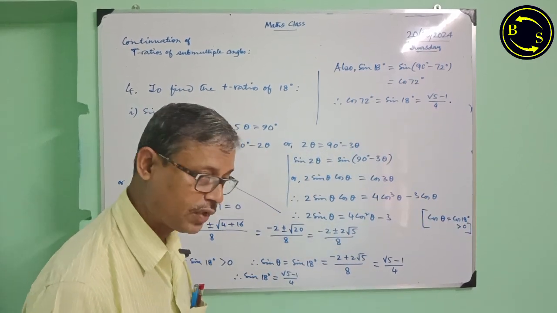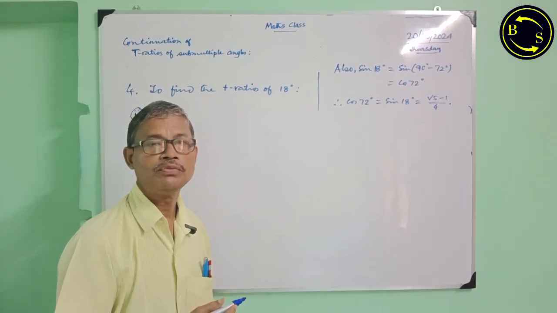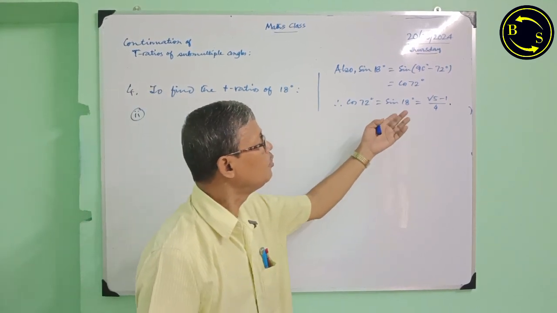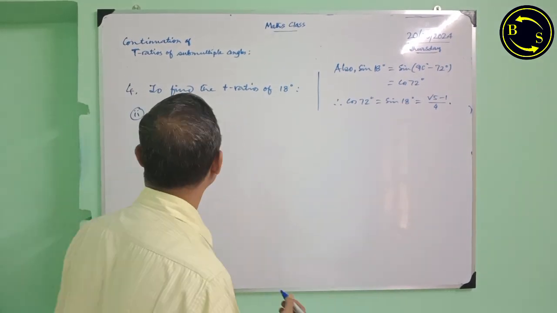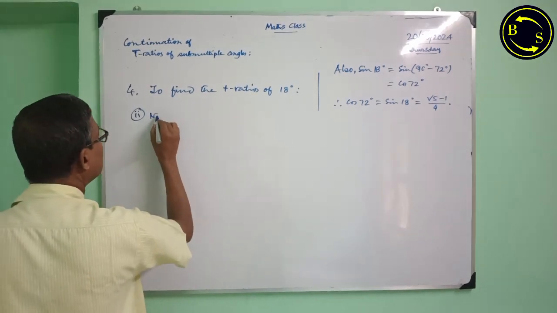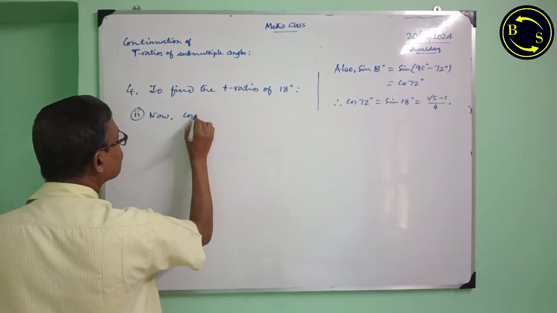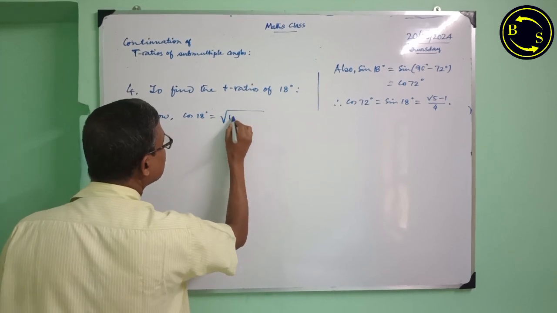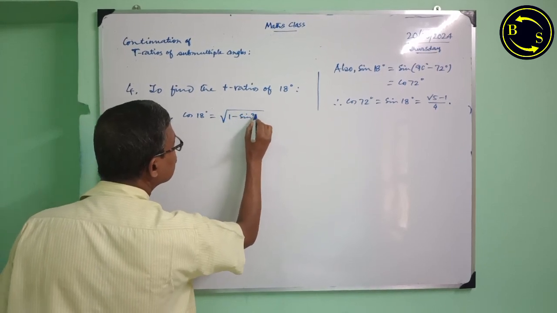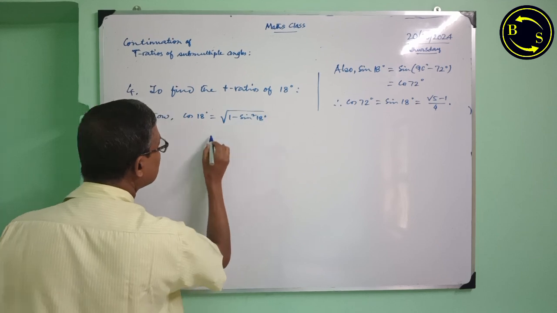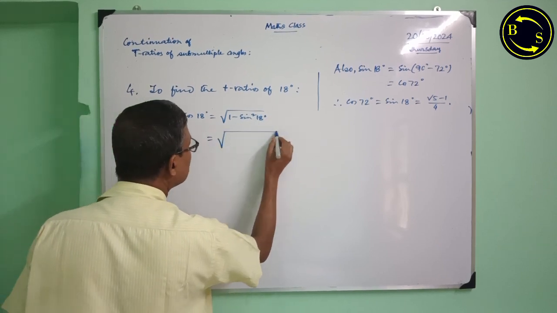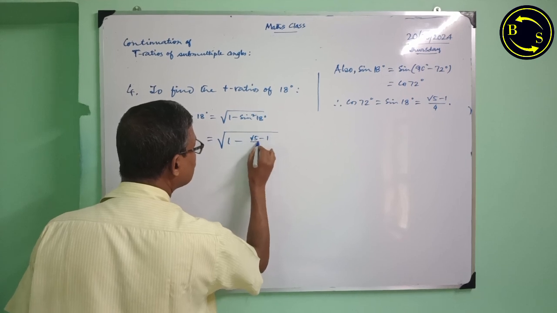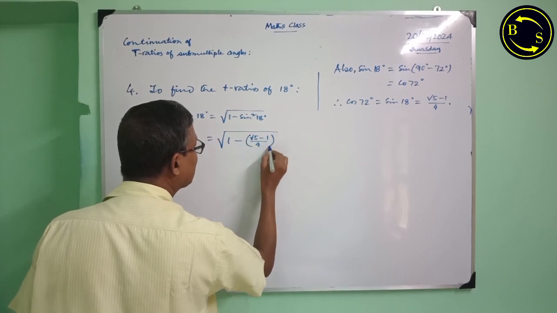Now we are going to find the value of cos 18 degree using the value of sine 18 degree. Now cos 18 degree will be equal to root over 1 minus sine square 18 degree. That means root over 1 minus root 5 minus 1 by 4 whole square.